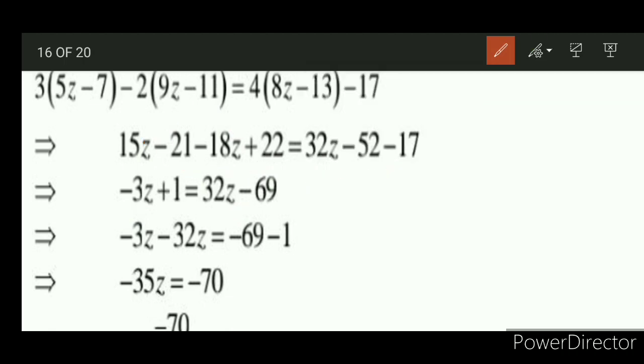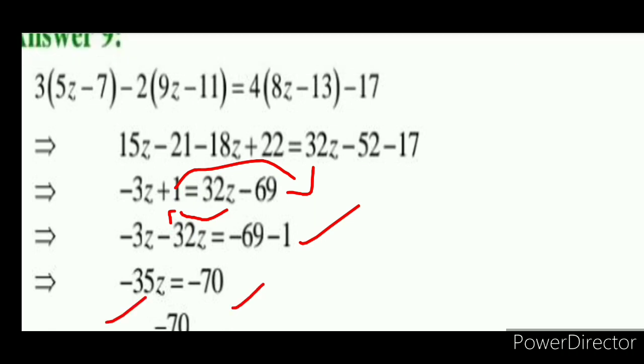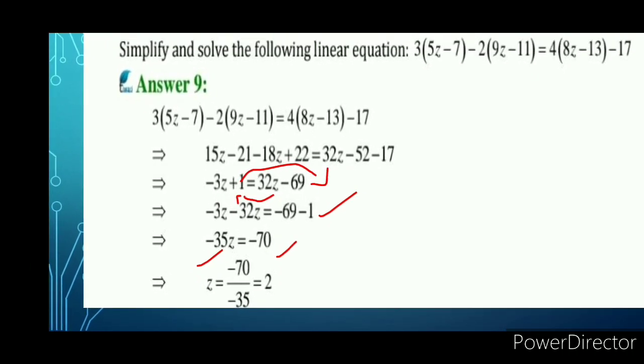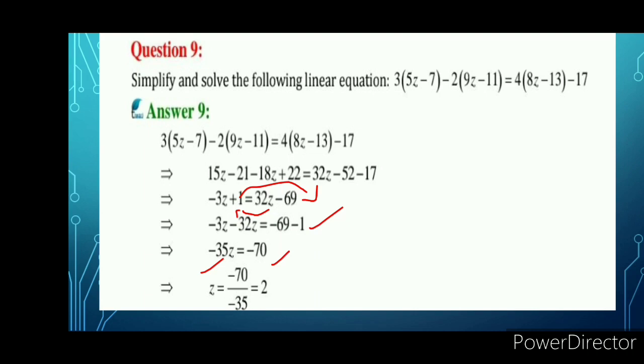Next step, they transposed the z term to this side and the number to the right-hand side. After that, minus 35z is at minus 70. Look at the solution: z equals minus 70 by minus 35. 35 twos are 70. So z equals 2 is the solution of this equation.